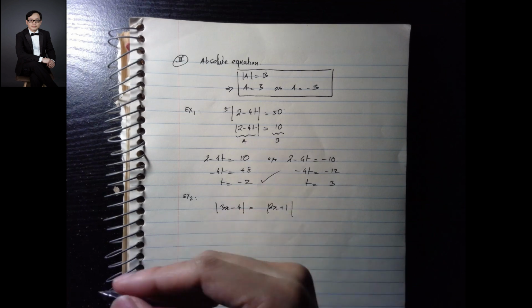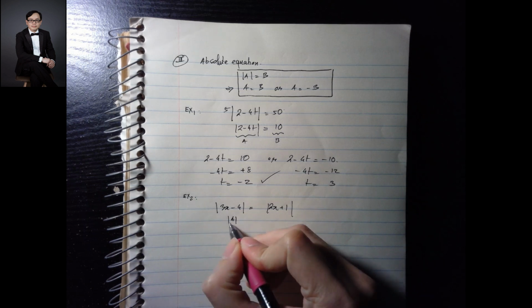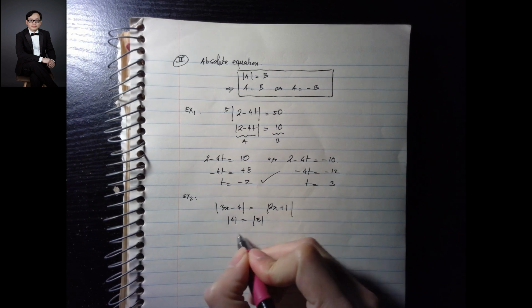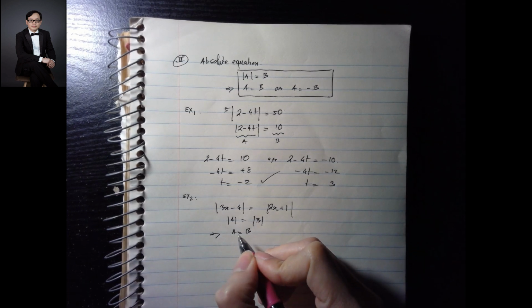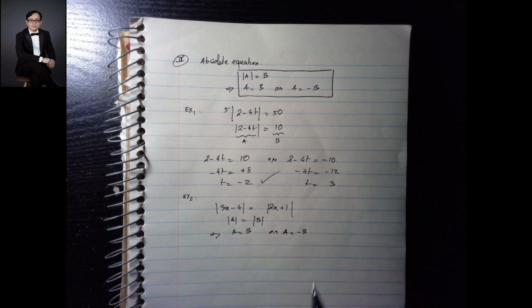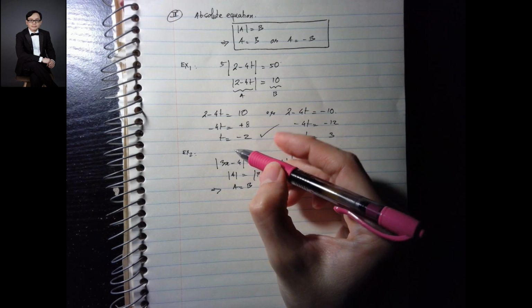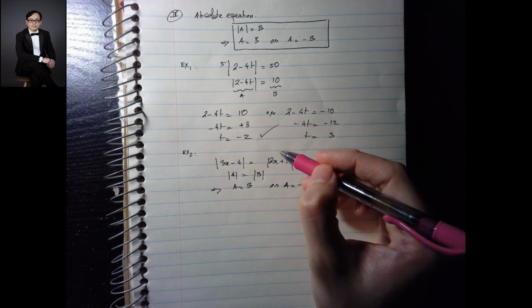So we're going to use another kind of formula. The formula is absolute of A equal absolute of B, then A equal B, or A equal negative B. So A in this case is 3x minus 4 and B is 2x plus 1.